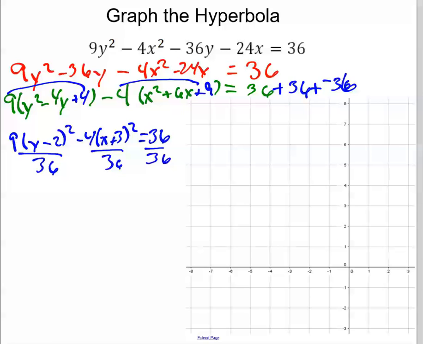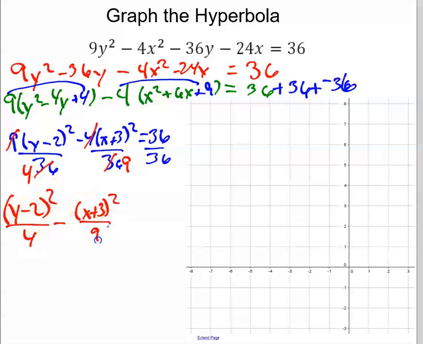But you always want to completely cancel out this. So I'm going to take a 9 out of this, which means I've got to take a 9 out of this. Most of the time you will be able to completely take it out, and it'll come out evenly. Okay, so we get y minus 2 squared over 4 minus x plus 3 squared over 9 equals 1.